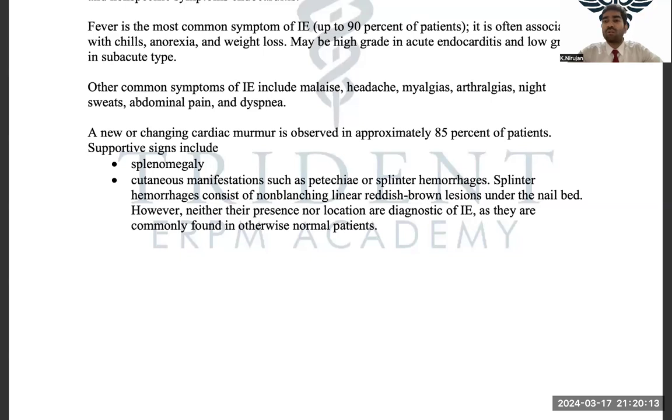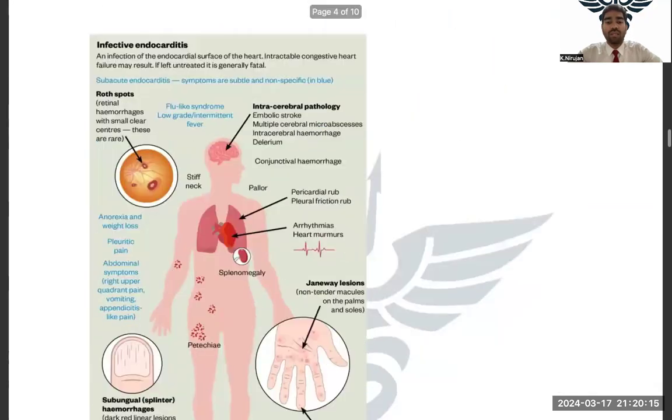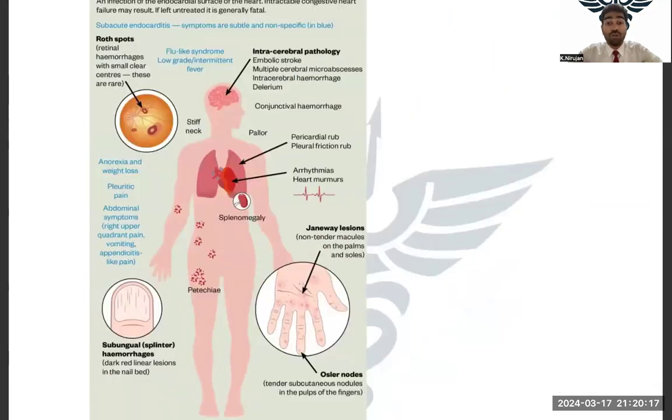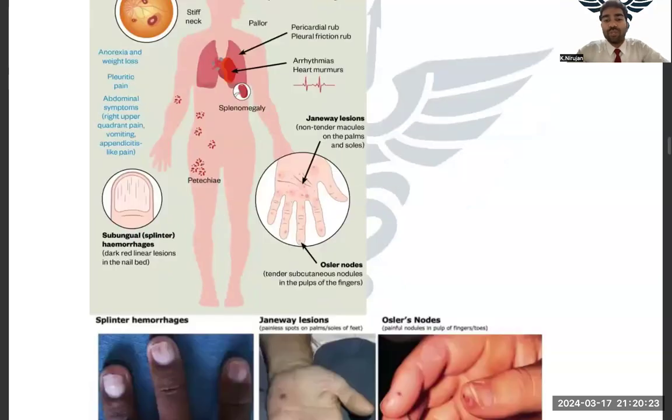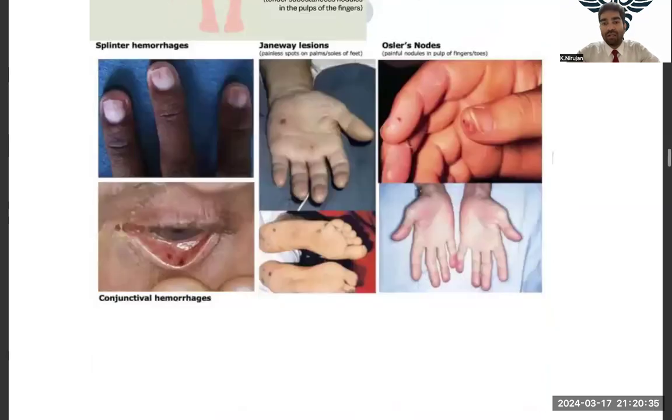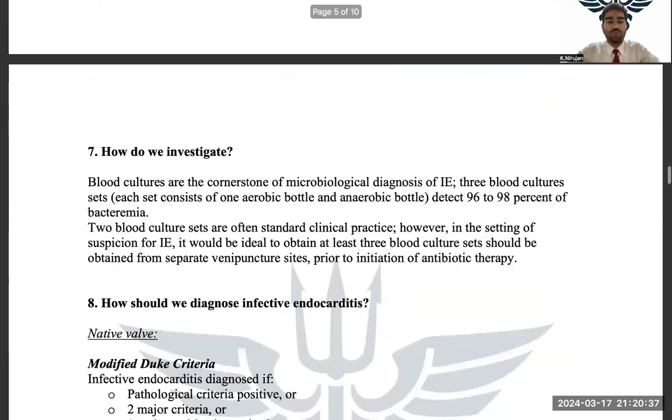For example, you can get glomerulonephritis, rheumatoid factor positivity, and Osler's nodes. Those are due to immune phenomena, so your immune system forms complexes and they cause these immune phenomena. Whereas Janeway lesions and Roth spots are due to septic embolic phenomena. That you should know. Don't worry, that would come in the criteria as well.